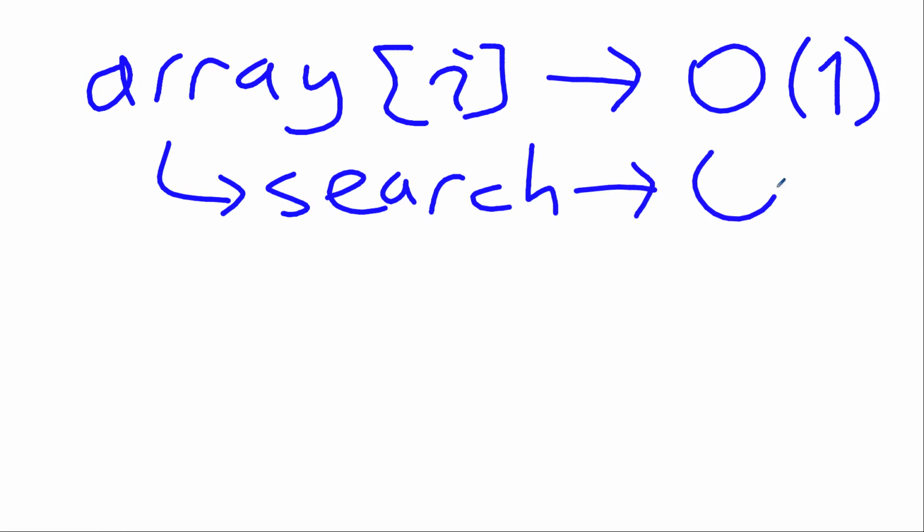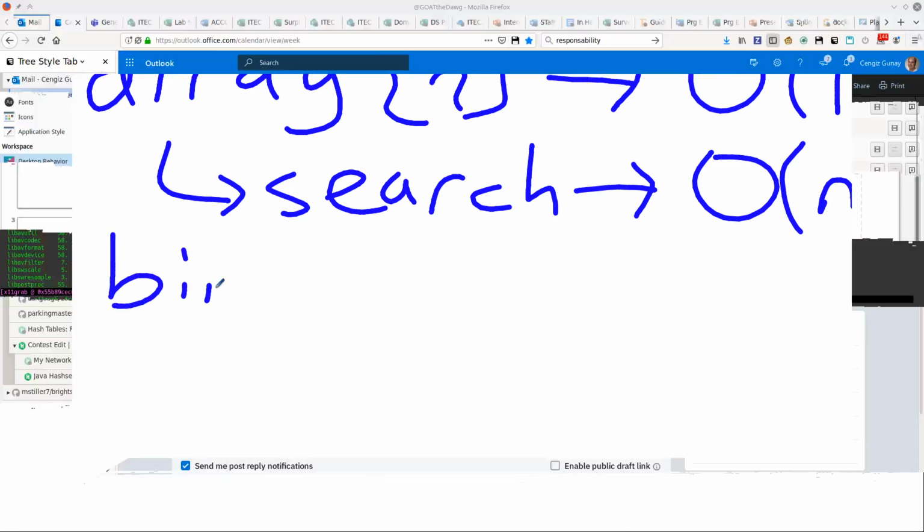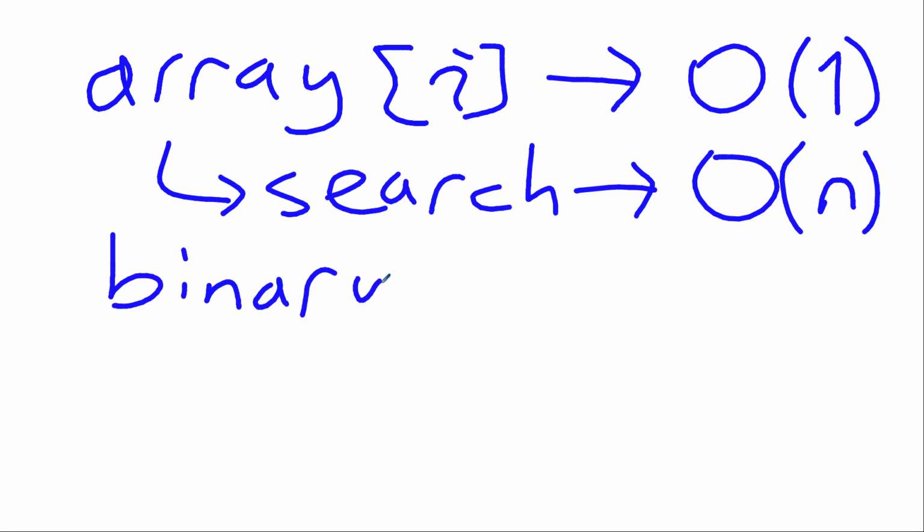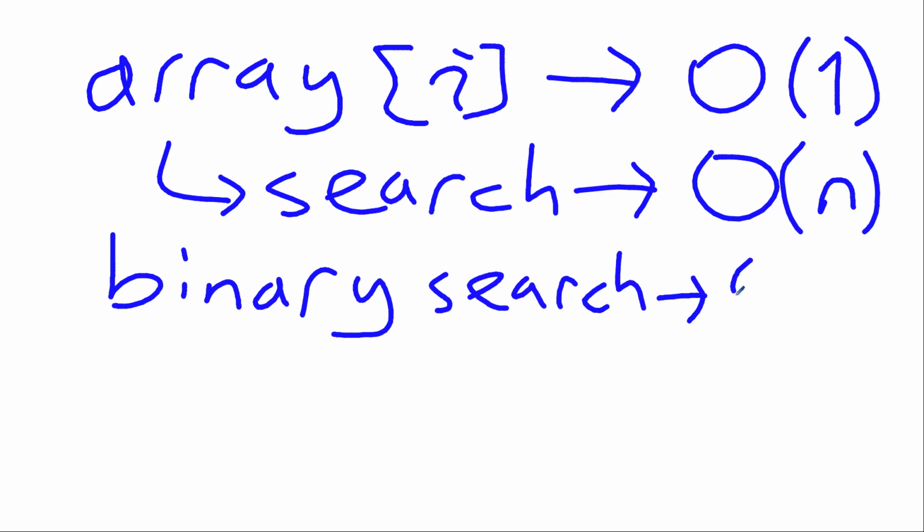That will take O(n), because we have to go through each element in the array, right? As opposed to that, if you remember, we were doing binary search, where you are dividing the search space into two at each step, and that was giving you a logarithmic solution, so it was O(log n). So that was saving you a lot of time.